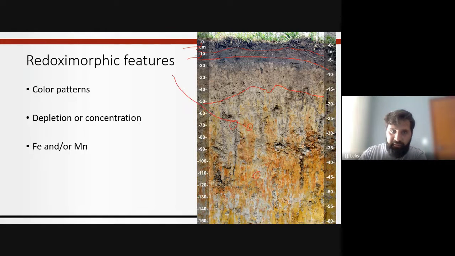These are the reduximorphic features, because this is evidence that flooding of soil changes the soil color. Even if I don't see the water, just by seeing these color patterns, I can identify that this soil suffered influence of soil flooding. Okay?